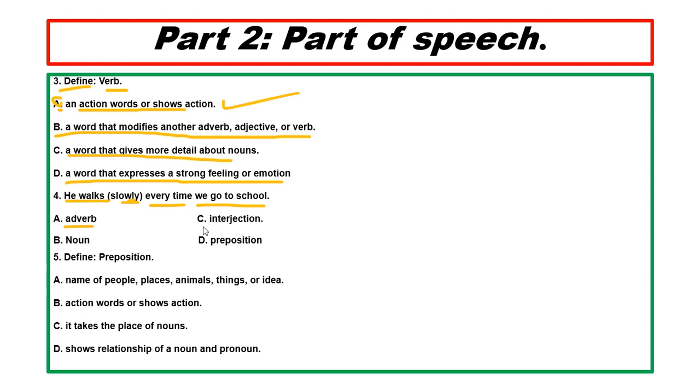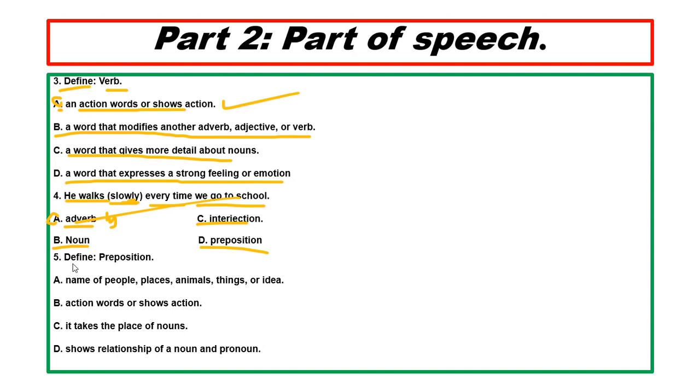Letter B, noun. Or letter C, interjection. Or letter D, preposition. So what do you think? Slowly. If you remember, when we say ly, it almost always an adverb. Okay, so adverb. So letter A. Okay, so adverb. Okay, don't forget.